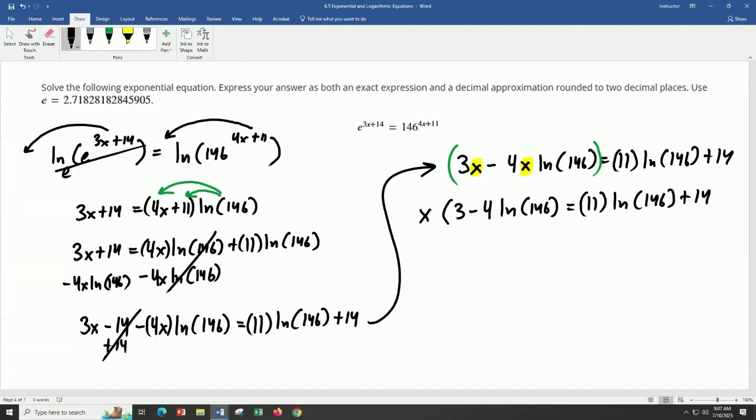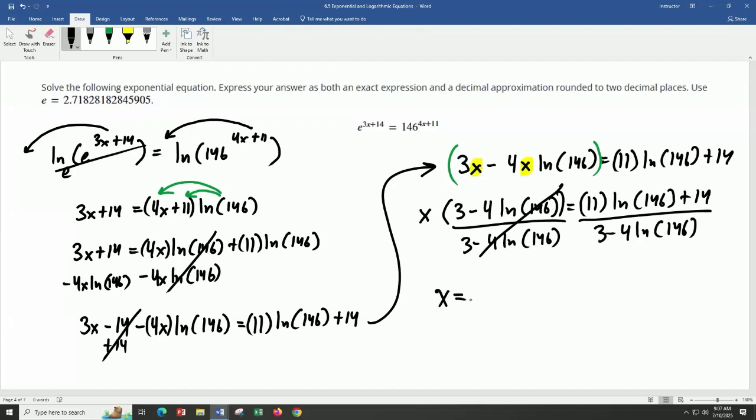Hey, I have x times all that junk. What do you think I'm going to do to all that? I got to get x by itself. What am I going to do? Right. Divide by what? Hey, divide by everything. Let's get rid of this whole junk. What we do to one side, we got to do to the other. And you will be glad to know, look at what you just did. X is now equal to what?